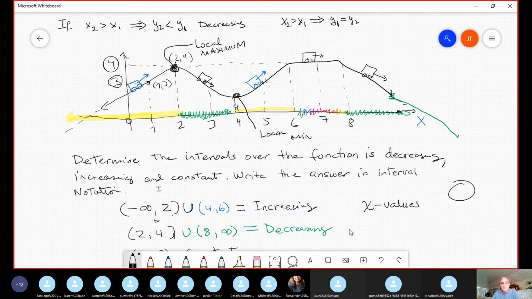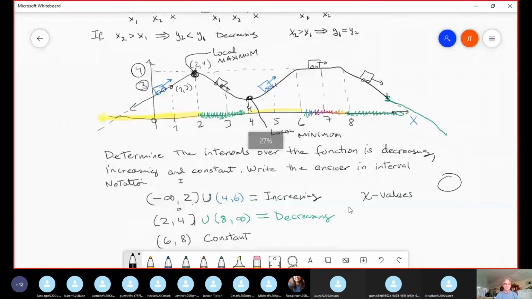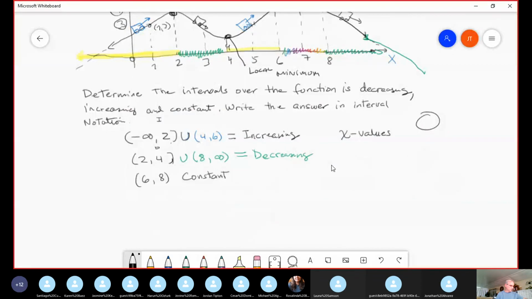Okay, a local maximum is the transition from increasing to decreasing, and a local minimum is the transition from decreasing to increasing. End of story. Any question? Any question? Any question? Then we spend the rest of the time starting the review package.